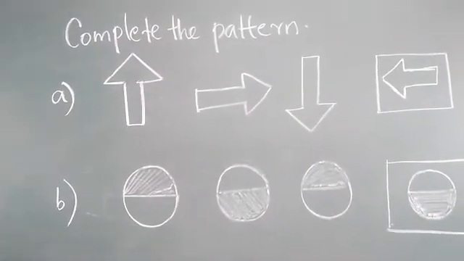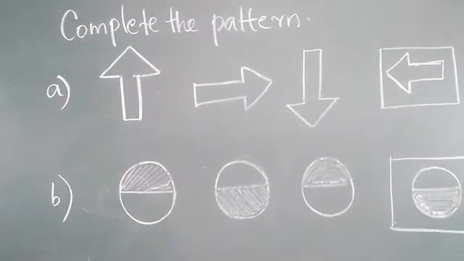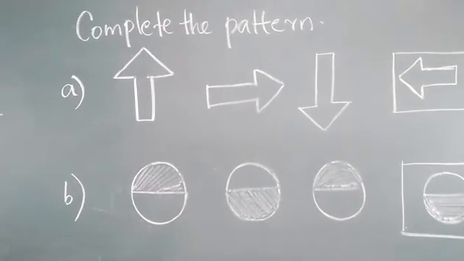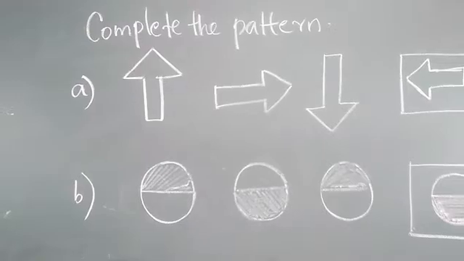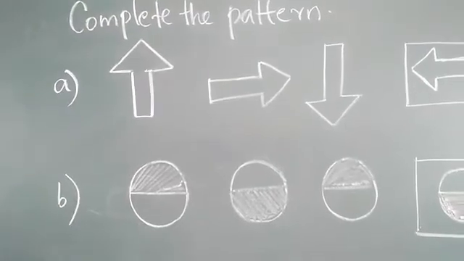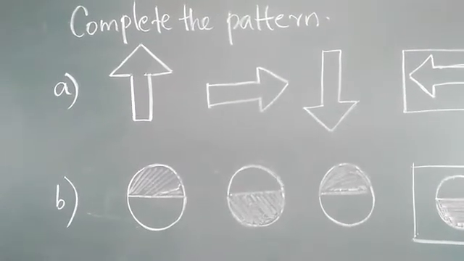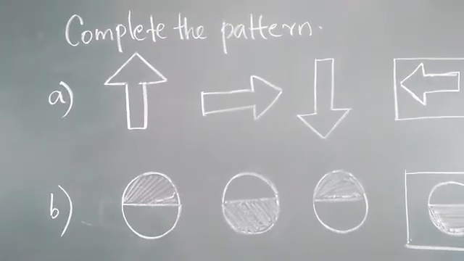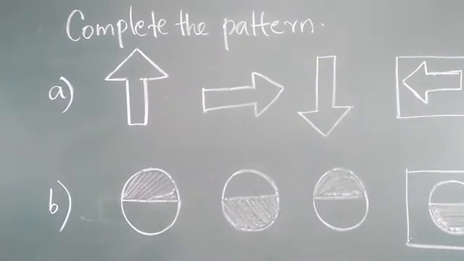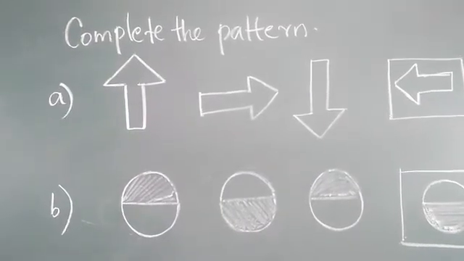We can do the exercise, complete the pattern. So you can see 3 figures there, and the fourth one we have to complete. How are the figures changing there? First arrow is turning 1/4. Then you will get the second arrow. The next one is again turning 1/4, or a quarter turn.